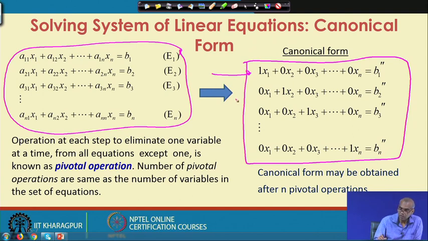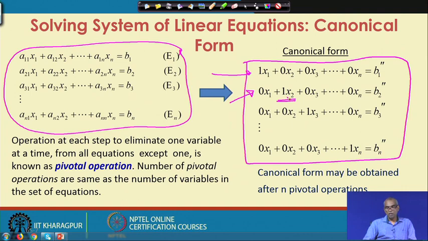Similarly, in the canonical form, the second row has been transformed to a row where only x 2 has coefficient equal to 1, all other variables have coefficient 0. So, essentially this equation becomes x 2 equal to b 2 prime.